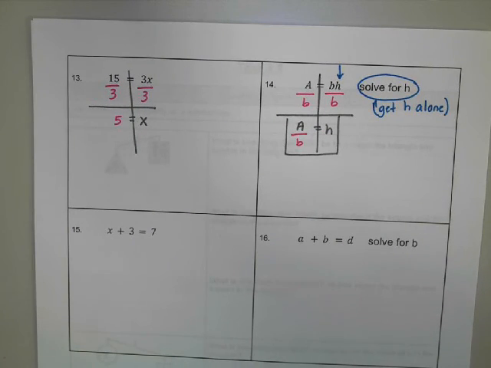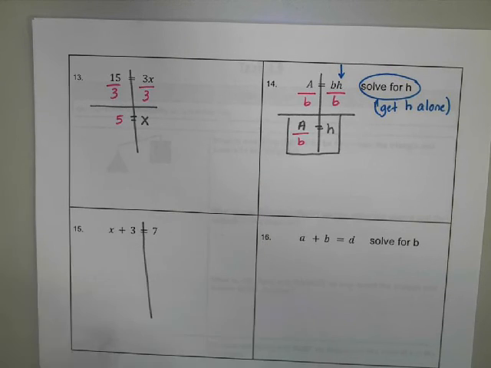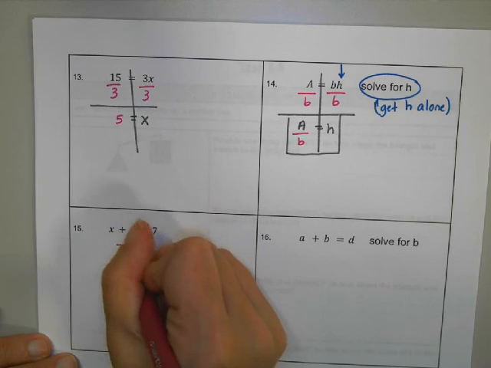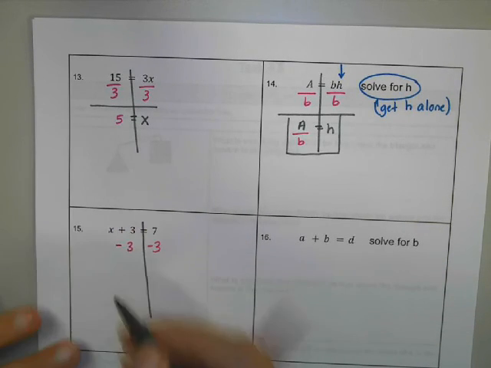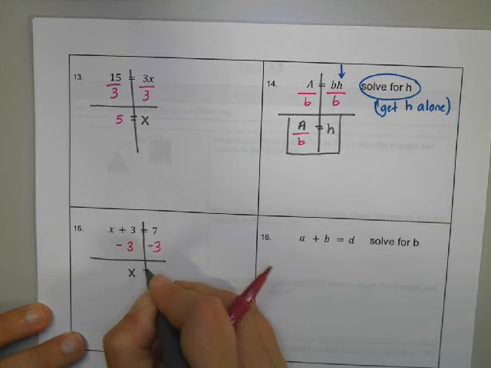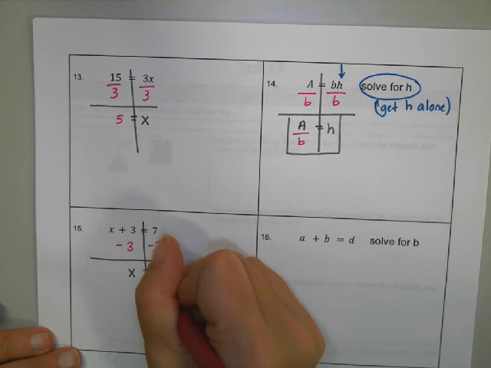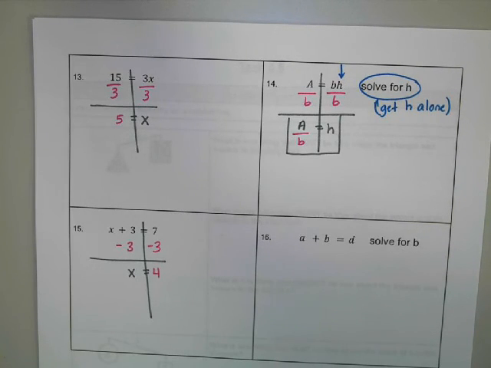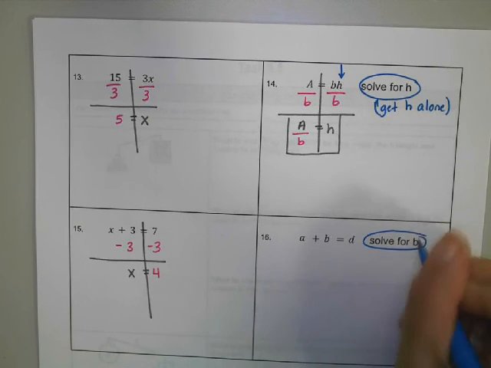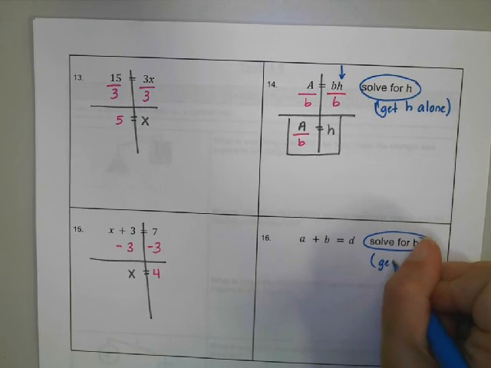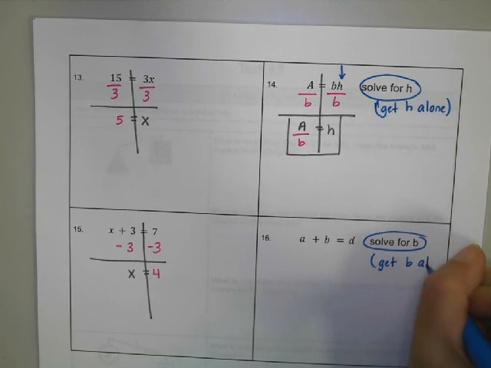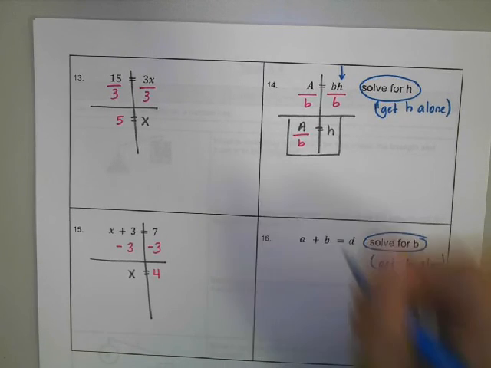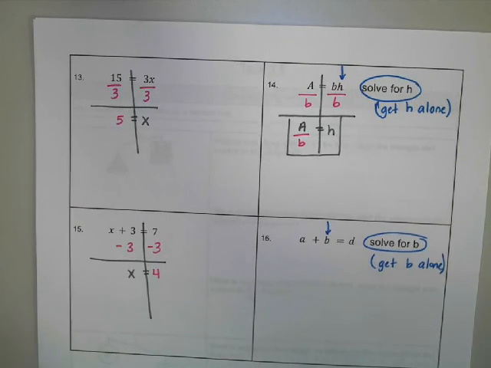For problem number 15, it says get x by itself, so we're going to subtract 3 on both sides. And we're going to get x equals 7 minus 3 is 4. Now in problem number 16, it says solve for b. When it says solve for b, that means get b alone. So I want to get b by itself.